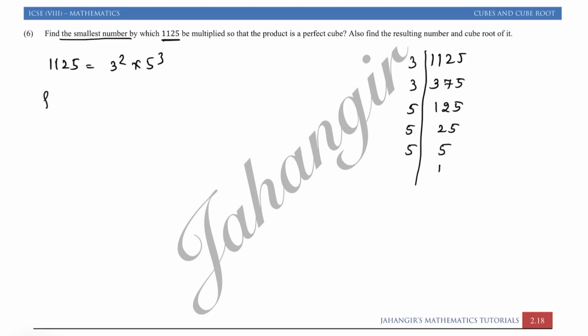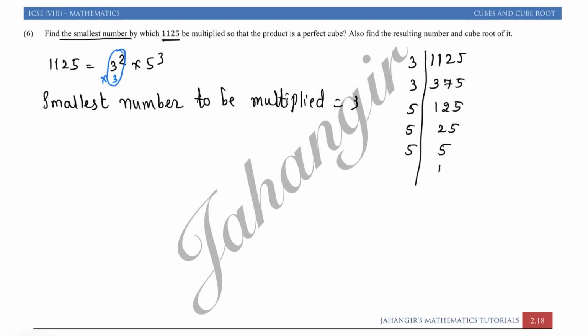So therefore the smallest number to be multiplied is 3, because if you multiply the whole number by 3, here also we will get 3 cube, then it becomes a cube number. So therefore the smallest number to be multiplied is 3.